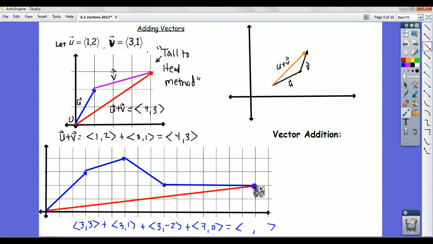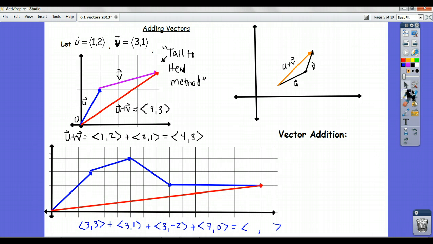Taking a ride on all those vectors got you to this point over here, but we also could have just gone right there by taking a ride on the red vector. And what are the coordinates of the head here? That'll tell us the component form of this red vector. Let's see, it moves you 1, 2, 3, 4, 5, 6, 7, 8, 9, 10, 11, 12, 13, 14, 15, 16 to the right and up 2. Let's just check to make sure. 3 plus 3 is 6, plus 3 is 9, plus 7 is 16, so that checks out.